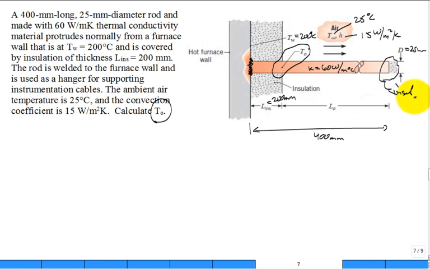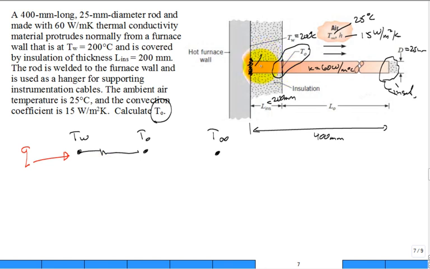How are we going to solve this problem for T0? I would put a network. I would say I know TW. I'm looking to solve for T0. And I know T infinity. And I know that there's a conductive resistance to the flow of heat, Q, from T wall to T0. What would be a model for this conduction?